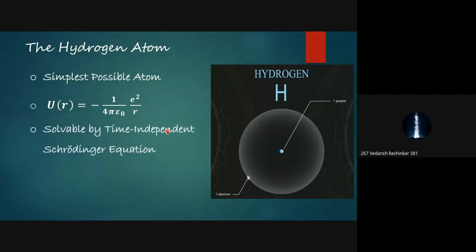Since this potential energy function does not depend on time, it makes our job easier, as we can obtain the eigenvalues for the Hamiltonian by solving the time-independent Schrodinger equation. Theoretically, the ground state energy of the electron is minus 13.6 electron volts, which will be useful for our verification later on.